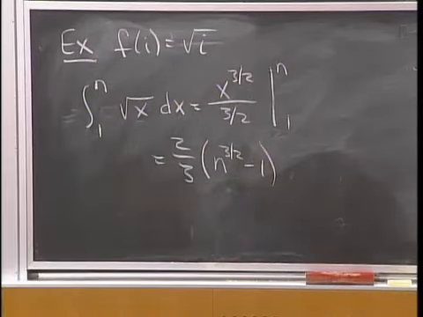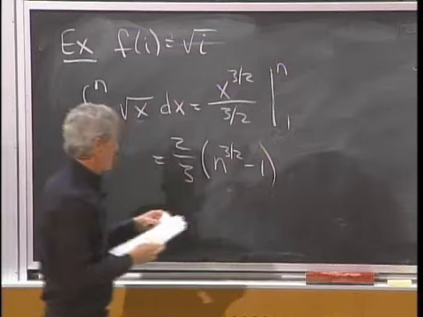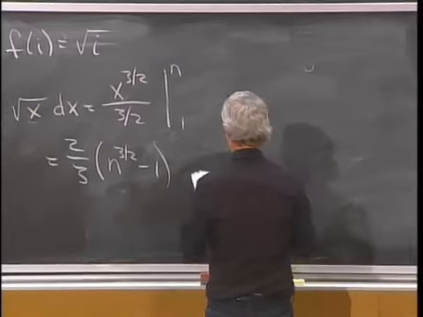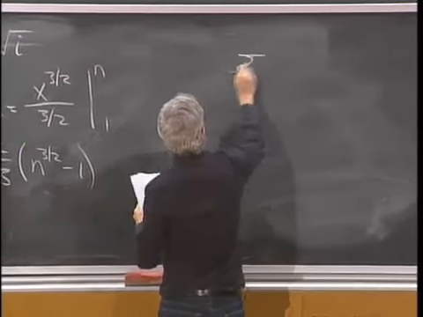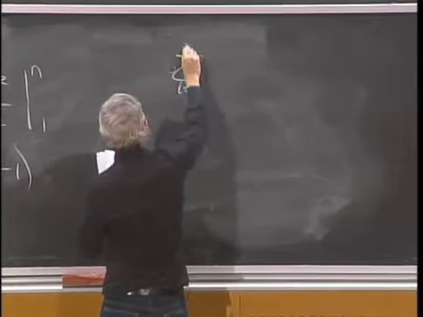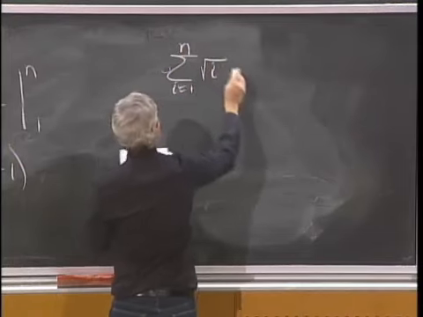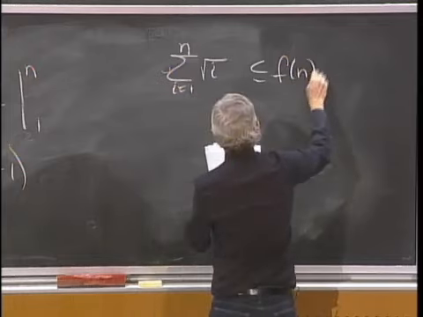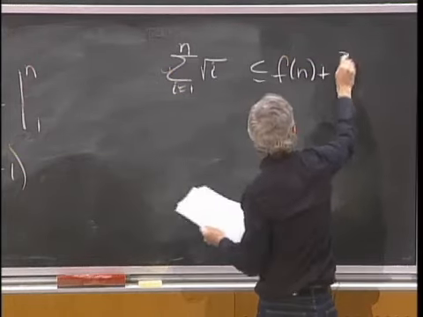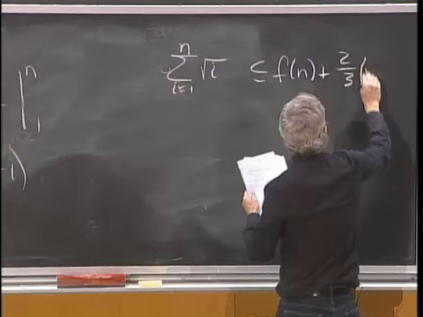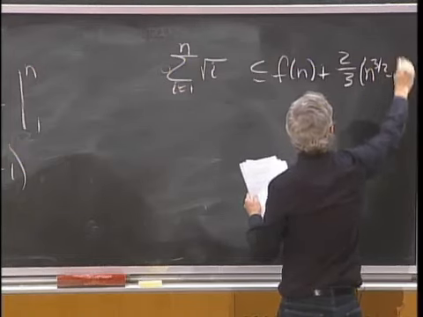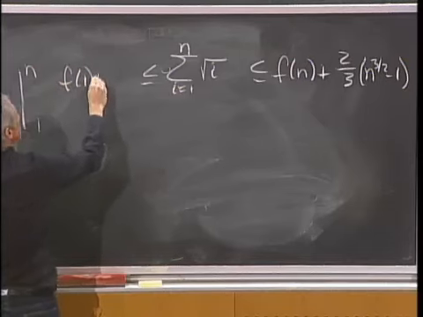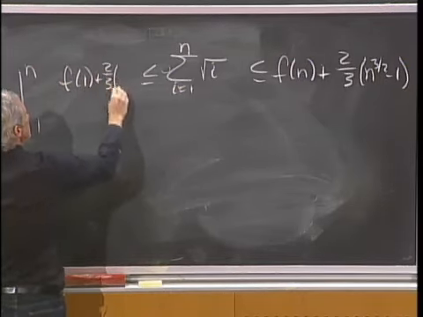And now I can compute the bounds on the sum of the first n square roots. I know that the sum of square root i, from 1 to n, well, the upper bound is f of n plus the integral. And the lower bound is f of 1 plus the integral.